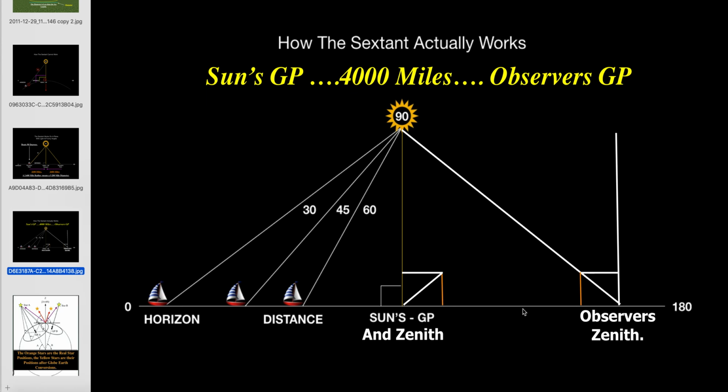There's a 2,000 mile radius and 4,000 mile diameter. So, a 4,000 mile radius and 8,000 mile diameter. Sorry. So there's 4,000 miles between the observer's GP and zenith and the sun's GP and zenith.